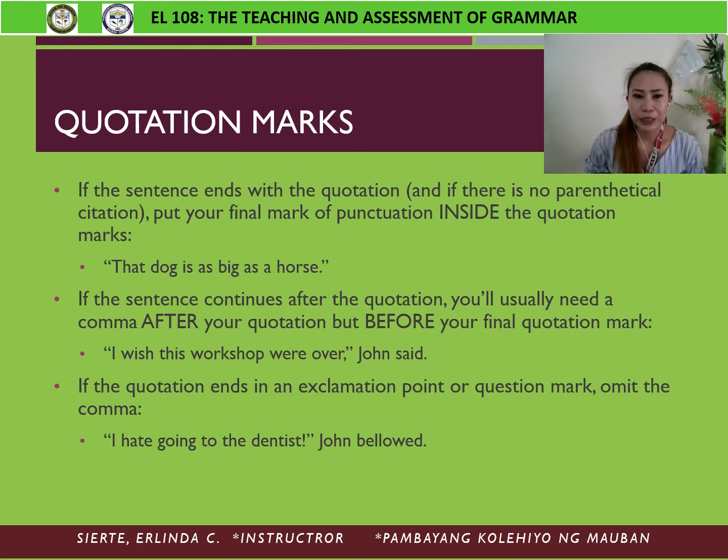That's why we use the quotation marks over the statement quoted, followed by the person who said the words. And then another usage of quotation marks: if the quotation ends in an exclamation point or question mark, we are going to omit the comma. Example: I hate going to the dentist, John believed.